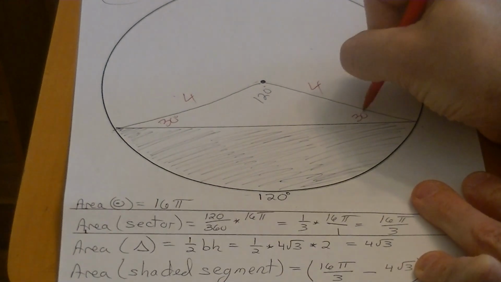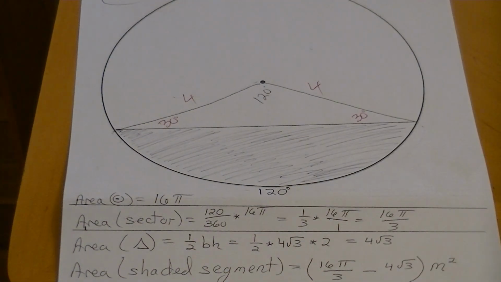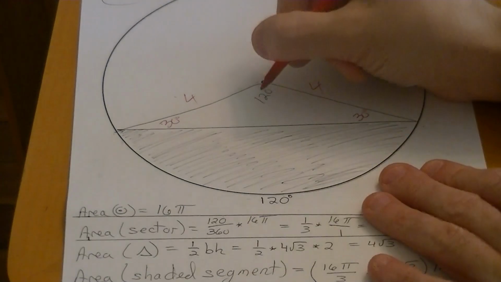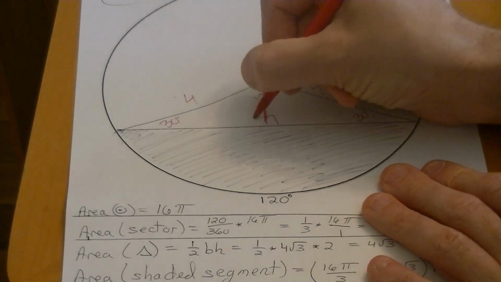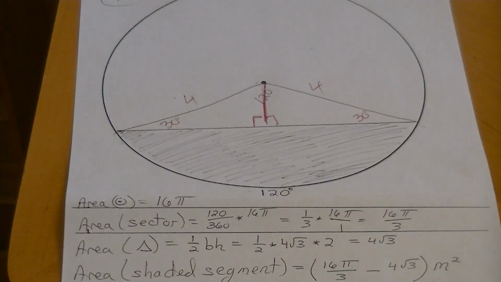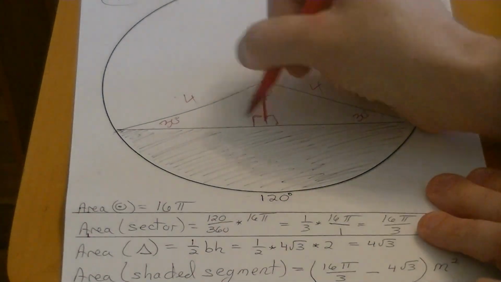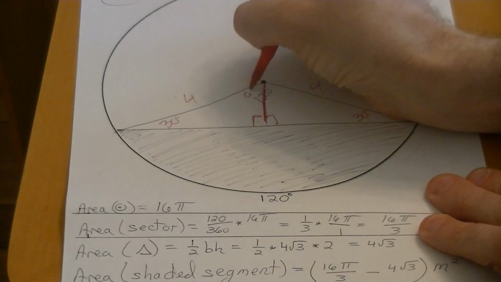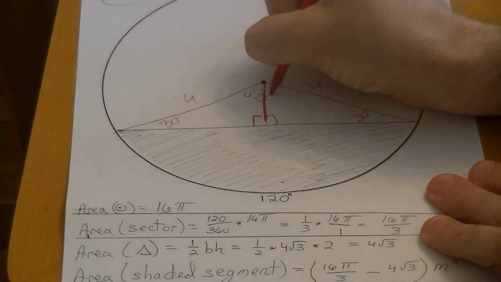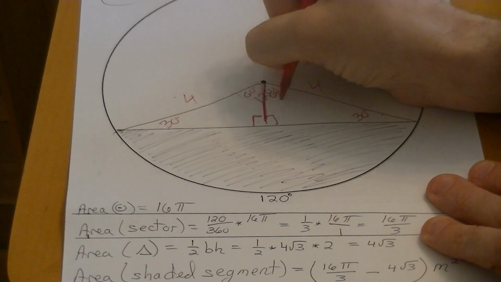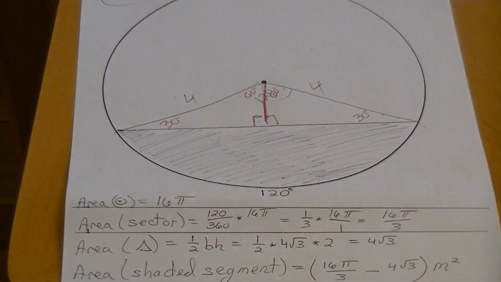And it might have taken a moment or two of just kind of staring at this to realize, oh, if I draw a height here, and that's 90 degrees and that's 30 degrees, then this is 60 degrees. And if that's 30 and that's 90, this is 60 degrees. There's my total of 120, but 60 and 60.